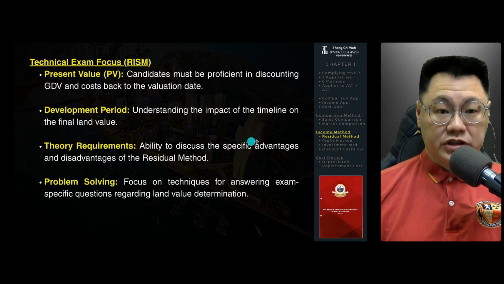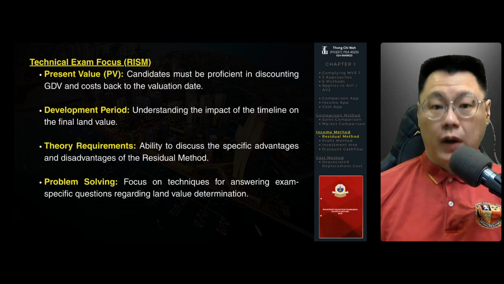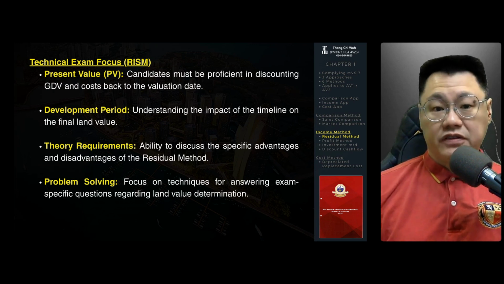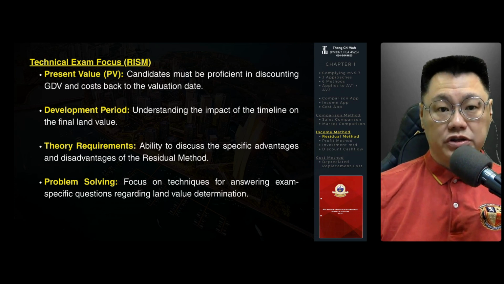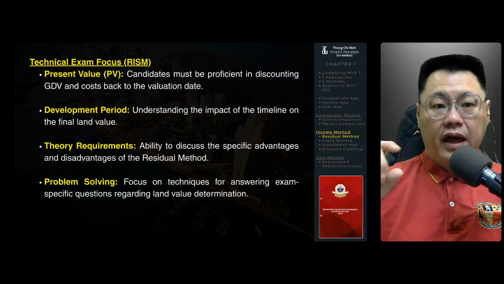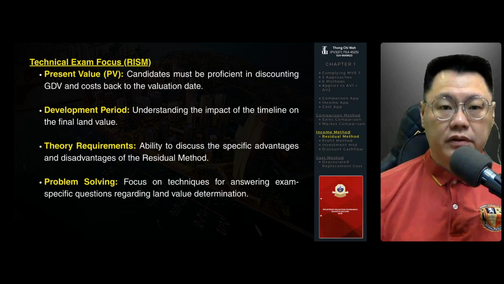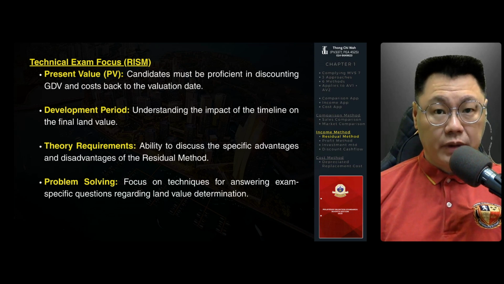Let's move on to the third one. Technical exam focus for RISM, especially present value. Candidates must be proficient in discounting the GDV and the cost back to the valuation date. So the present value has a time period, we call it N, and that will be based on the development period.